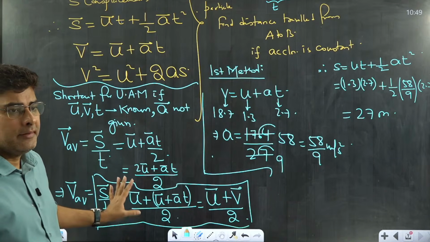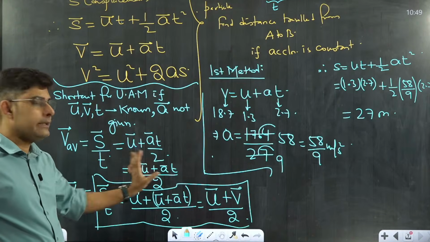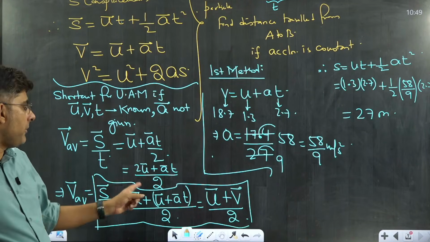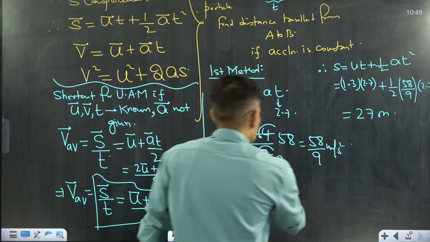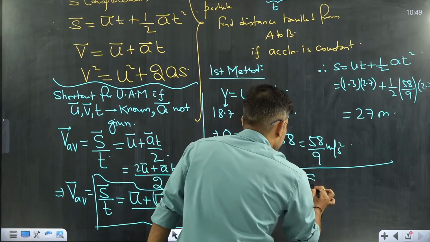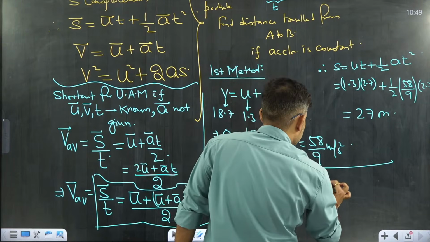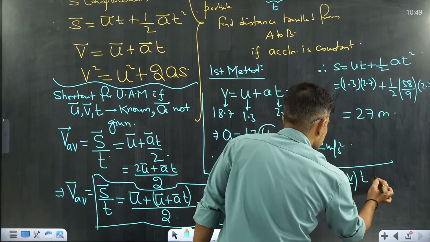So I have simply divided s by t and written it like this. So it becomes u plus v upon 2, correct? Now let's come to the question. Hence, in one line, s, they have asked, I can write u plus v by 2 into t.